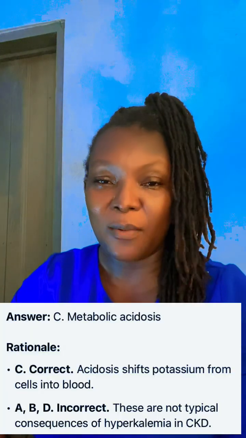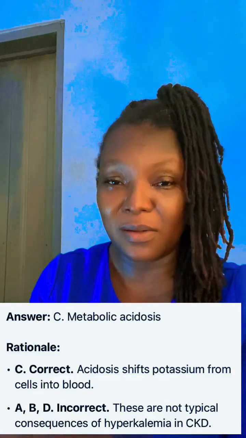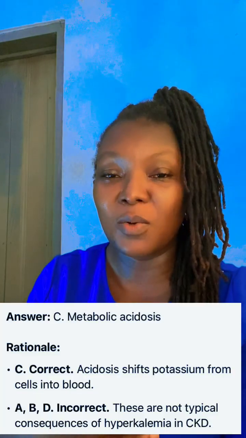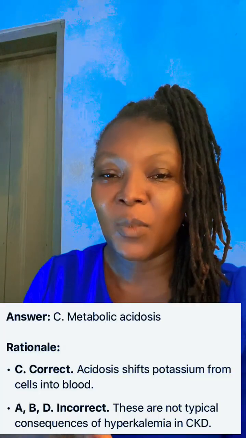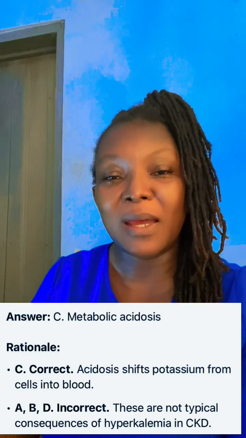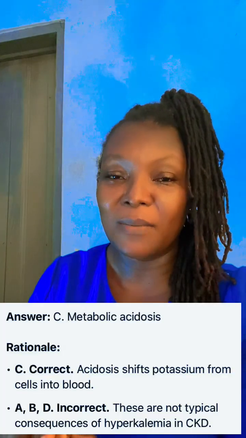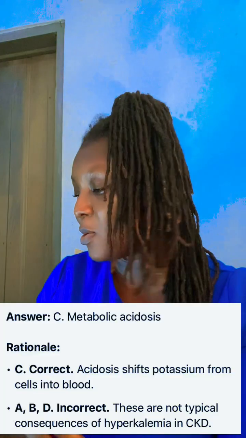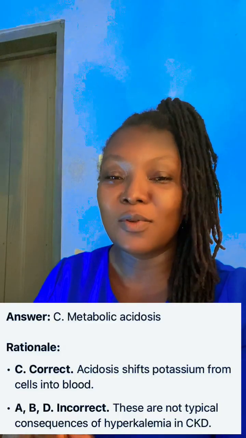That is why we always say that if somebody has chronic kidney disease, always assume they have hyperkalemia. Metabolic acidosis is very common with chronic kidney disease. So hyperkalemia in chronic kidney disease will be accompanied by metabolic acidosis. Acidosis shifts potassium from the cells into the blood.